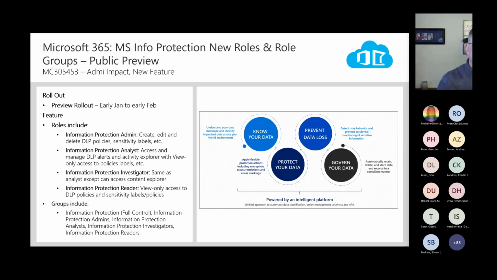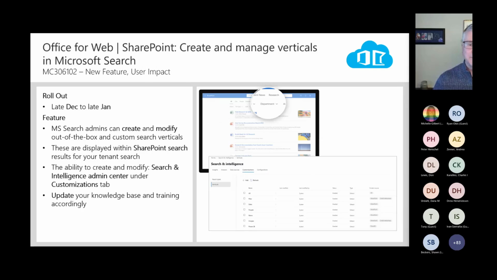They also have associated groups around that, so you can have an information protection admin, which is full control over everything within the compliance information protection center. So keep that in mind, something to look forward to and something to adjust, especially from your administrative side of things.